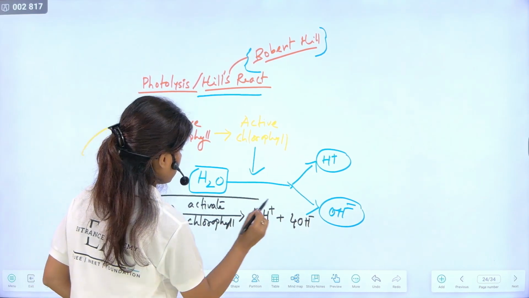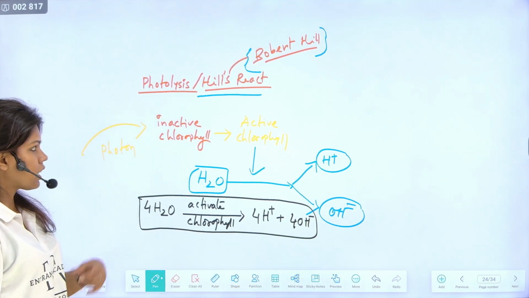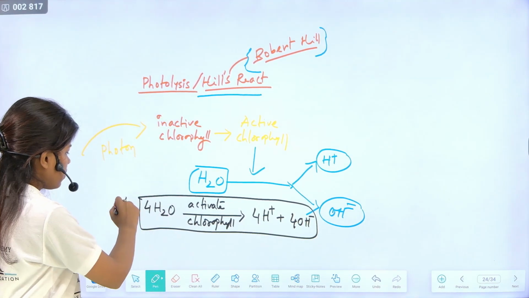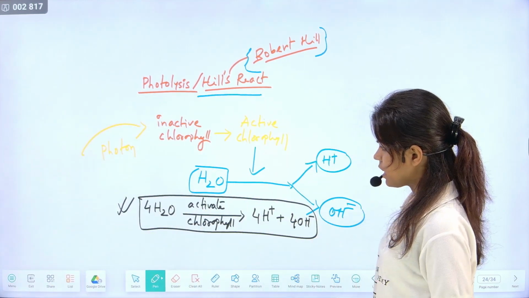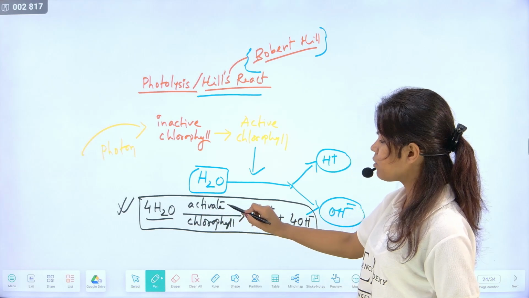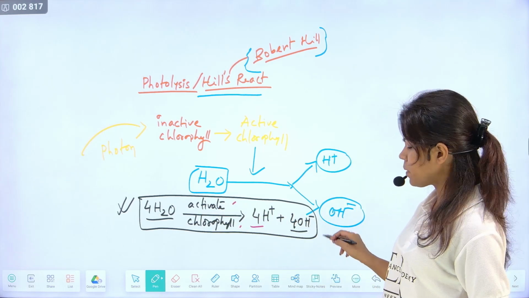This is the equation of photolysis. If the definition comes, try to give the equation along with the definition. Photolysis: breaking down of water molecule by using activated chlorophyll and producing H plus and OH minus radical.